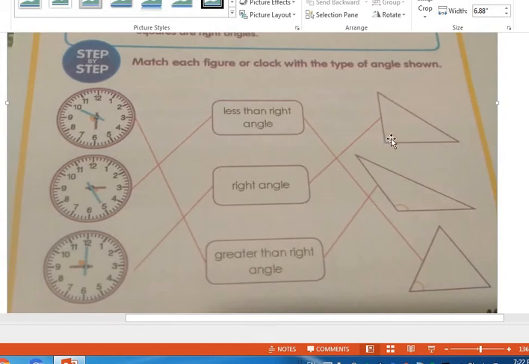And for this, in the shape of a square, it's called right angle. And this one, the yellow drawing here, it's the angle that is greater than right angle. It's open like this, and this is closed, and this is in the shape of a square.